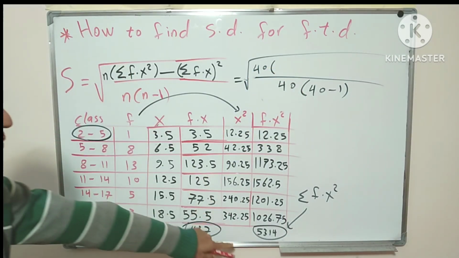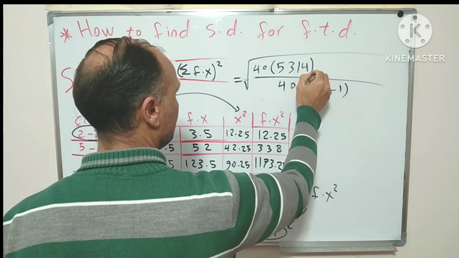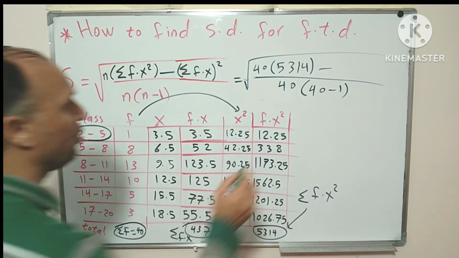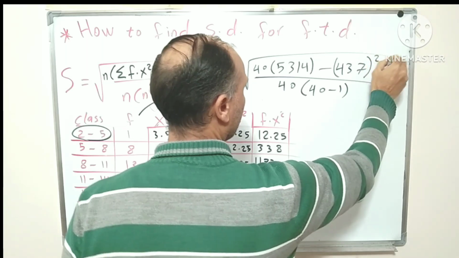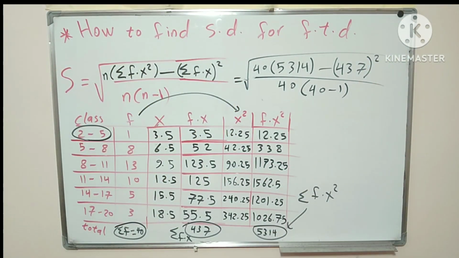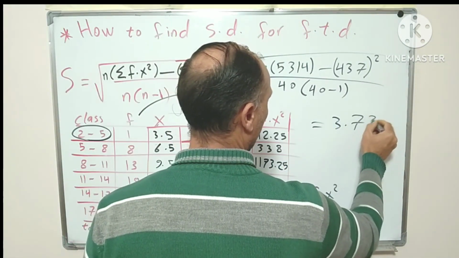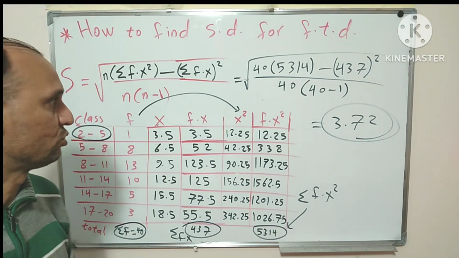Sigma f x squared is 5314 minus sigma fx, which is 437, all squared. If we use the calculator to find the result, it is 3.72.